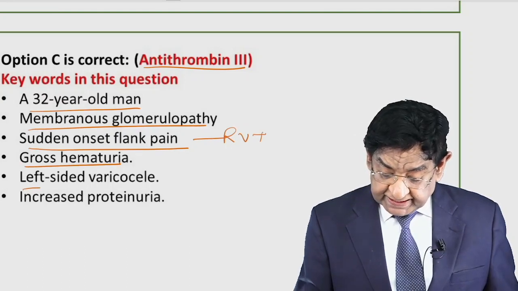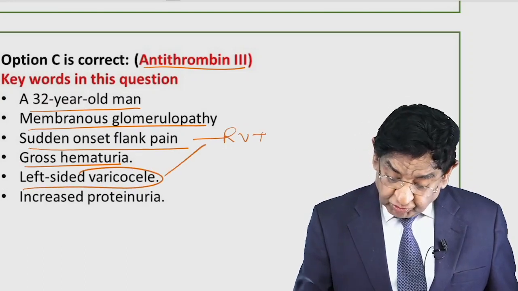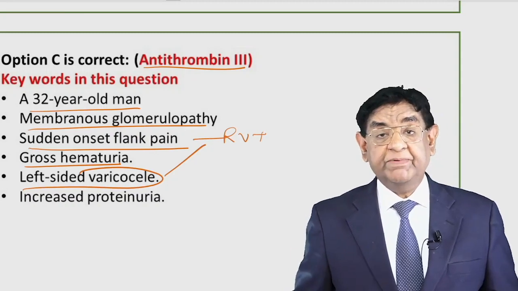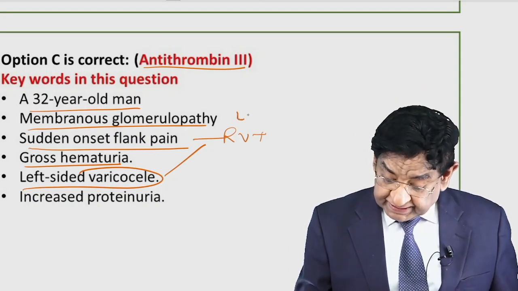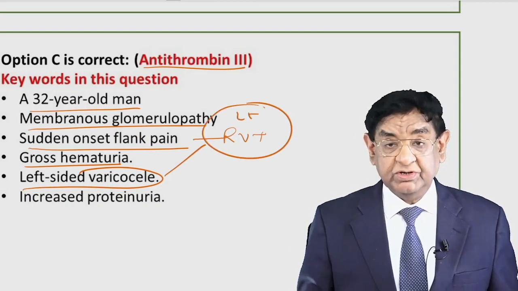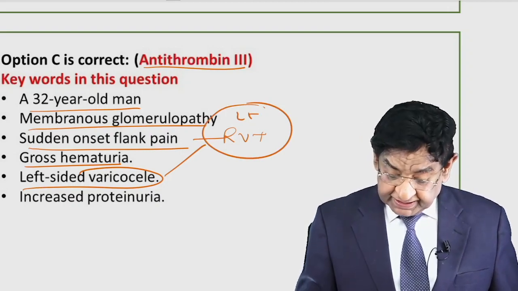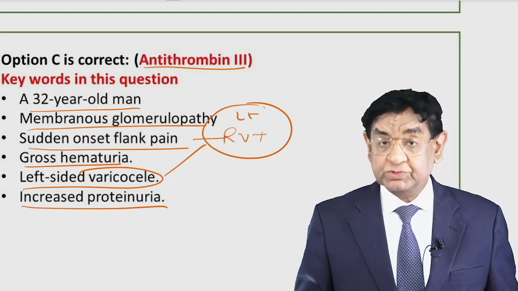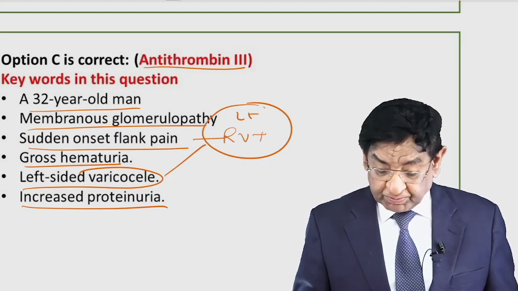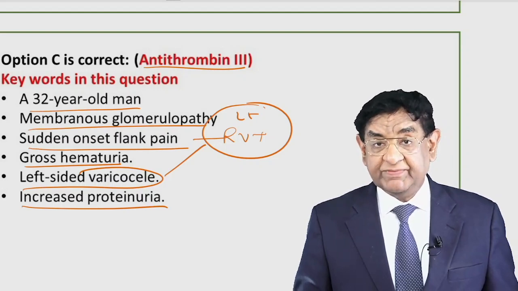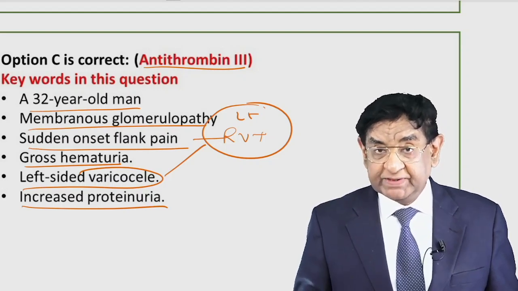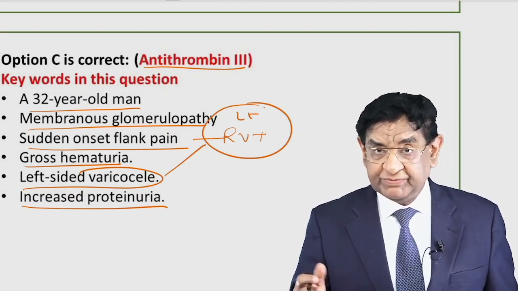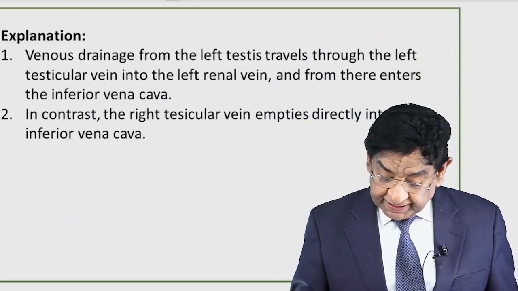Gross hematuria and left-sided varicocele also say that the patient developed left-sided renal vein thrombosis, by history only. Increased proteinuria is a feature of nephrotic syndrome. So by this we are sure we are dealing with membranous, which is already given in the question, and antithrombin 3 is the reason, which I explained to you, right?